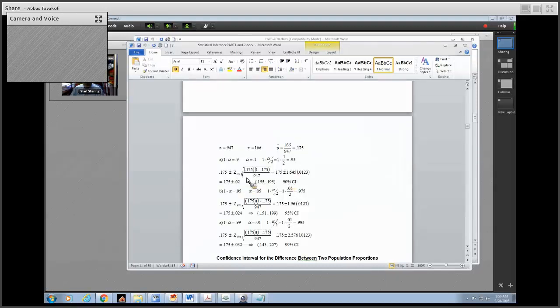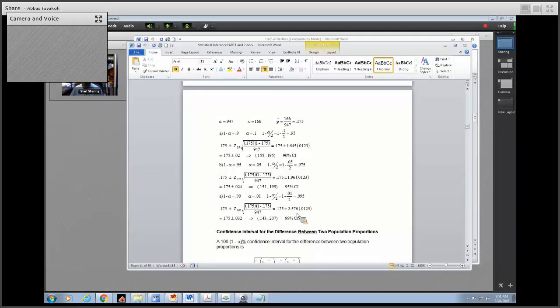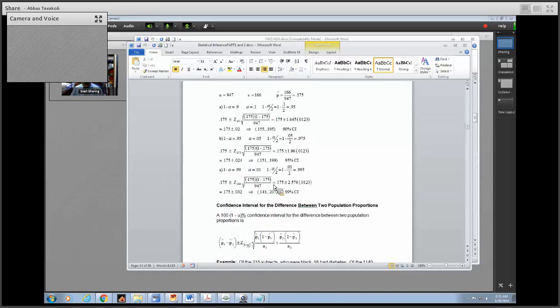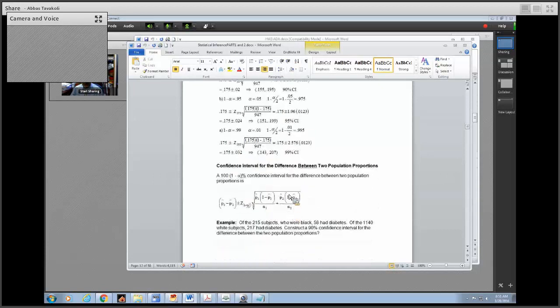We have 947 patients, out of which 166 had a history of abuse. That was the proportion of abuse. And for 90%, Z of 1 minus alpha over 2 is 0.95, Z0.95 is 1.645.